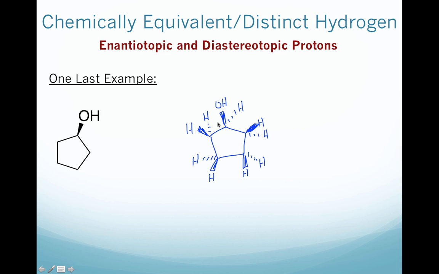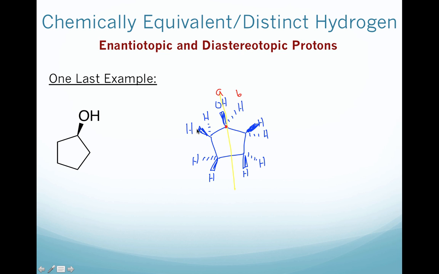Well, the first thing to take note of is the fact that there is a plane of symmetry that runs through this compound. So everything on the left is mirrored on the right. But our alcohol, OH, that's one type of proton. Then this carbon here, we have this hydrogen, that's a second type. Now we have these two hydrogens pointed out, but they're mirrored.